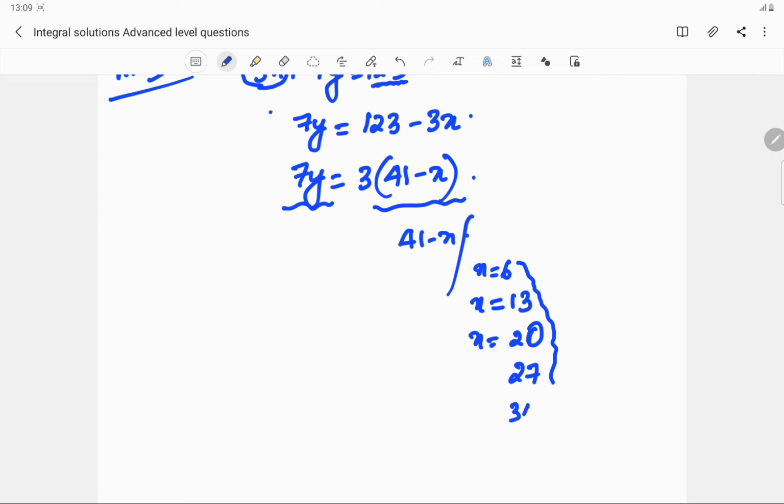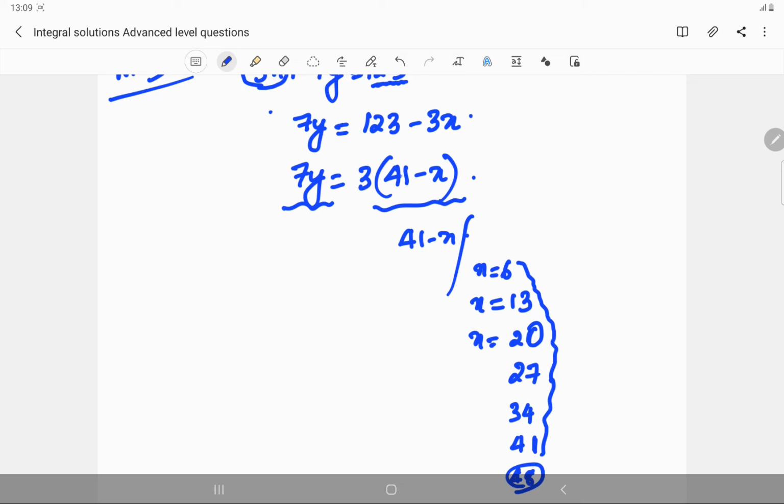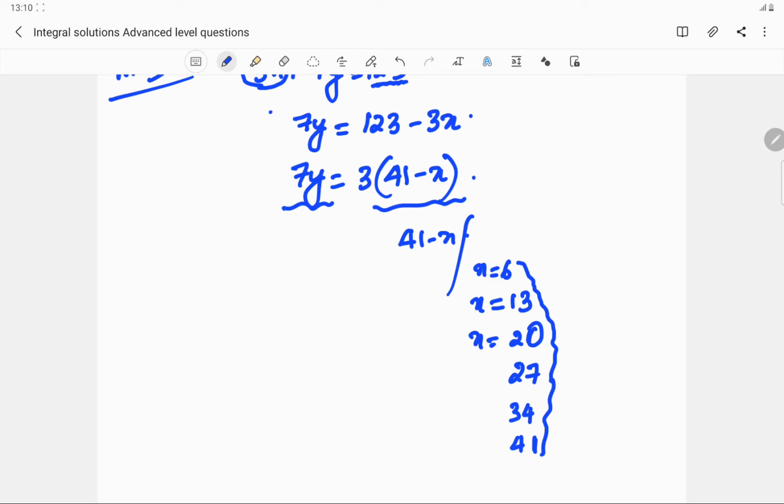So this is 34, and if it is 41, this is the last thing, because it cannot go till 48. If it is going till 48, we are going to get a negative sign here, and y is negative. That is not what the question is asking us to do.